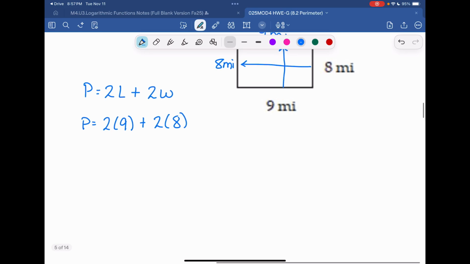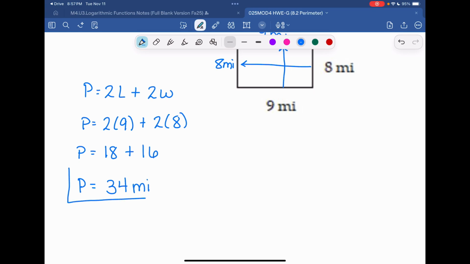I could simplify that, and I would get 18 plus 16. And so my final perimeter would be 34. Again, we always want to keep our units the same as the side. So we have 34 miles.